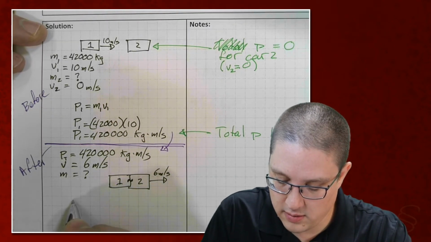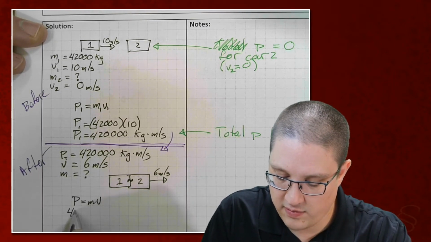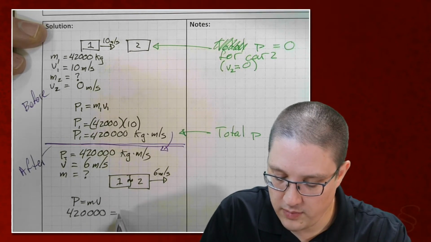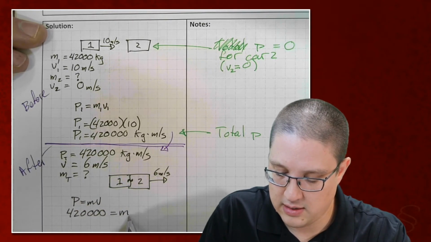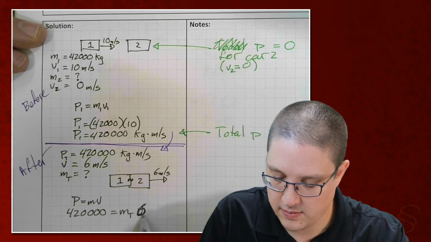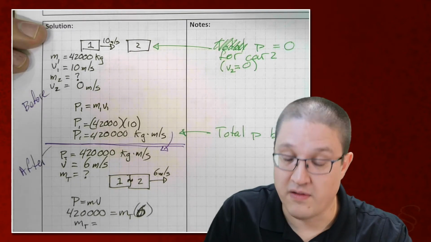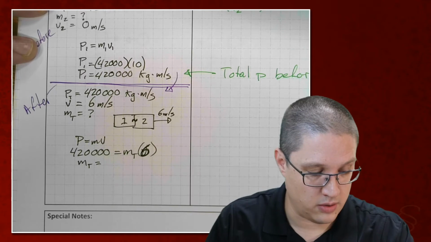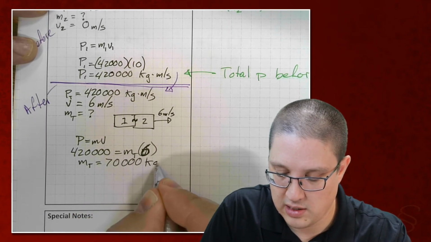So here, I can just use p equals mv. 420,000 equals my, now notice this is my total mass, times my velocity, which is 6. So the total mass of both cars combined together works out to 70,000 kilograms.